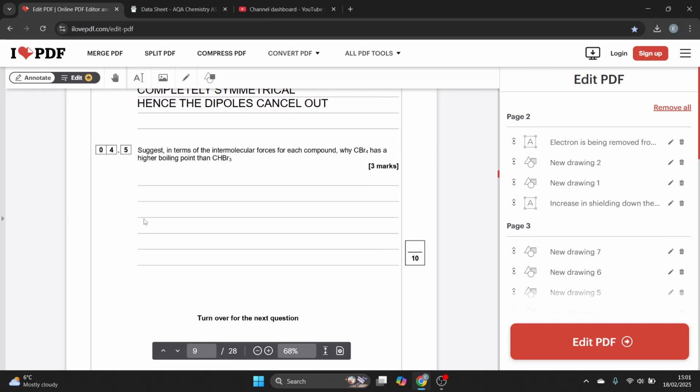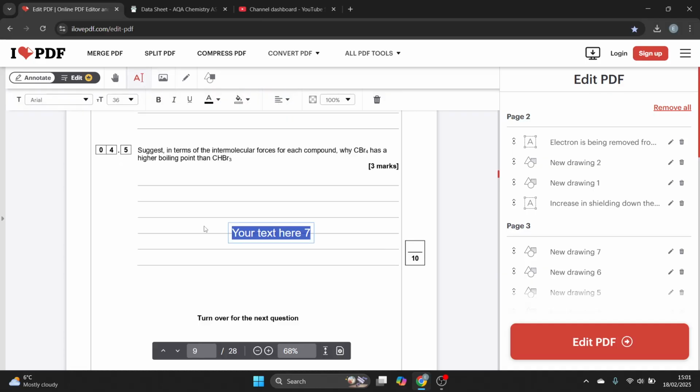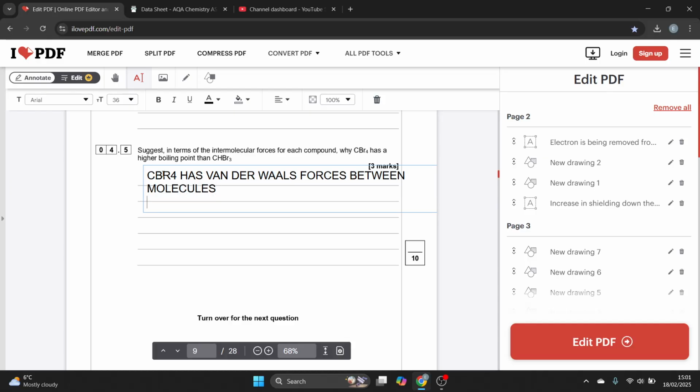Suggest, in terms of intermolecular forces for each compound, why CBr4 has a higher boiling point than CHBr3. CBr4 has van der Waals forces between molecules. CHBr3 also has van der Waals.